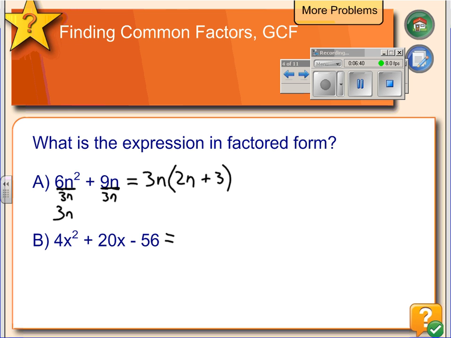This bottom one is a trinomial, but since each of the parts is divisible by 4, we should factor out the 4 first. So 4x squared divided by 4 is just x squared. 20x divided by 4 is 5x. And 56 divided by 4 is going to be negative 14.